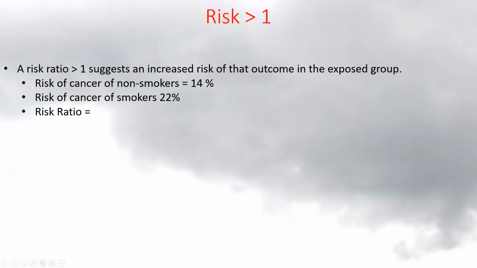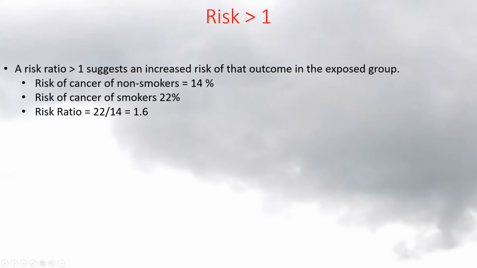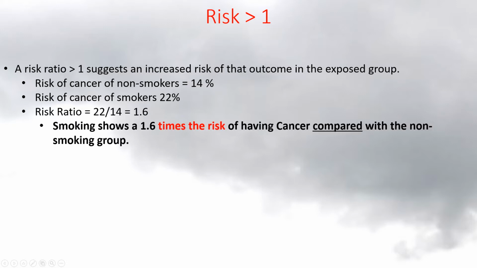Right, so let's say it's far greater than 1. We've got cancer in smokers at 22, so 22 divided by 14 equals 1.6. So smoking shows 1.6 times the risk of having cancer compared with the non-smoking group.